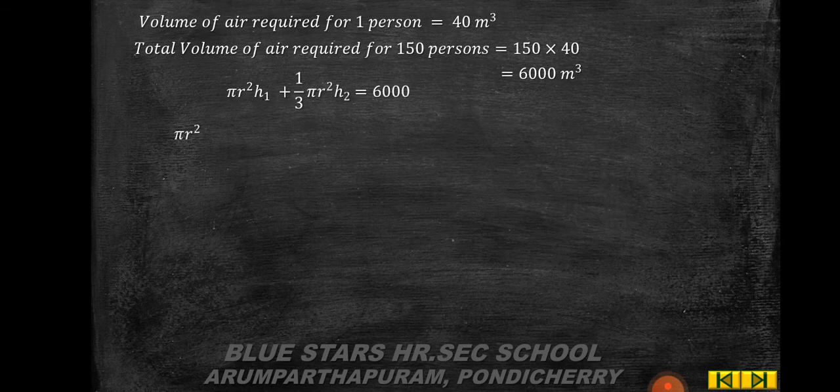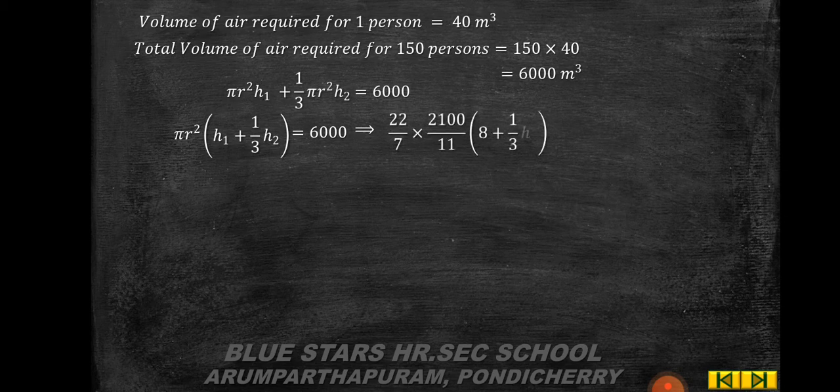So pi r square we are taking common out. So H1 plus 1/3 into H2 is equal to 6000, which implies 22/7 into r square value is 2100/11 from equation 1 into 8 plus 1/3 into H2 is equal to 6000.